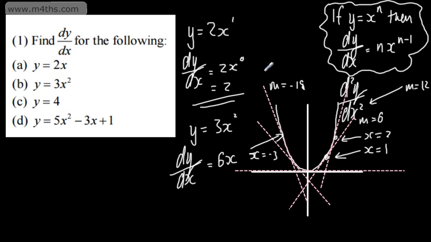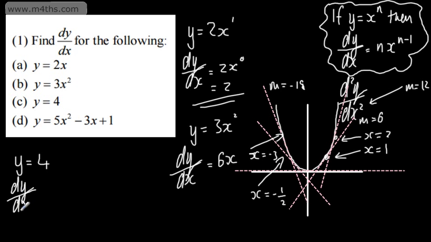And of course, as the curve goes up, we're going to get steeper and steeper, more negative. If we chose this point right here and we said x was equal to negative 1/2, then dy by dx when x is negative half would give us negative 3. So a less steep line, and we could say that the gradient of that point on the curve is going to be negative 3.